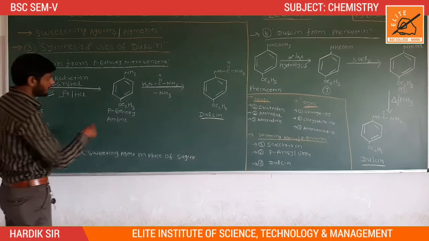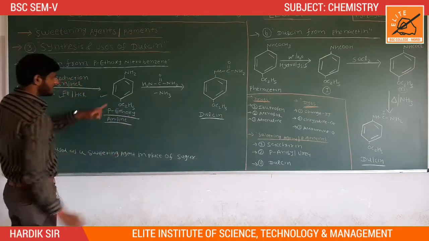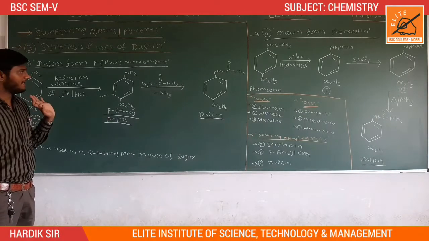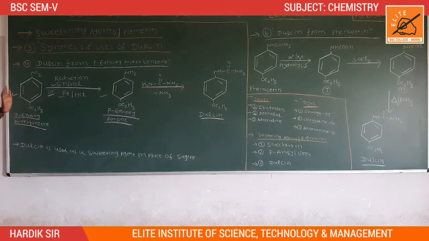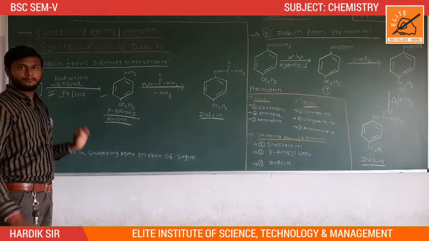And we have produced our first intermediate product, para-ethoxy aniline. So first we have taken the para-ethoxy nitrobenzene, reduced with stannous with HCl or ferrous with HCl, to produce the first intermediate product, para-ethoxy aniline.